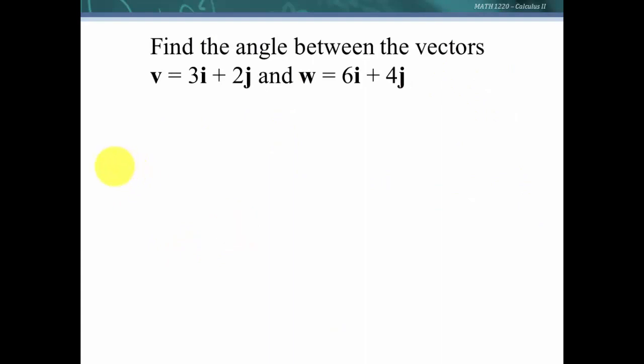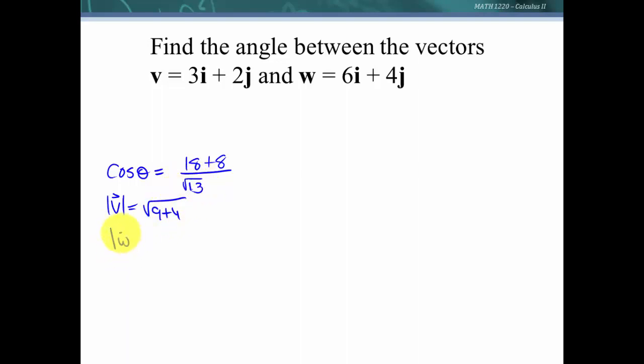Now let's find the angle between these two vectors. Cosine of theta equals their dot product, so we get 3 times 6, which is 18, plus 2 times 4, which is 8, over the magnitude of V. The magnitude of V is the square root of 9 plus 4, so the square root of 13.